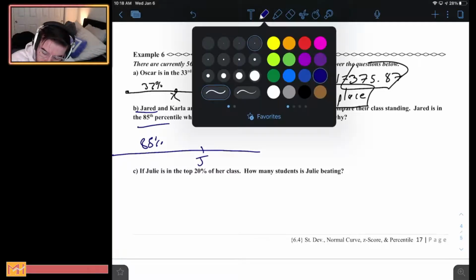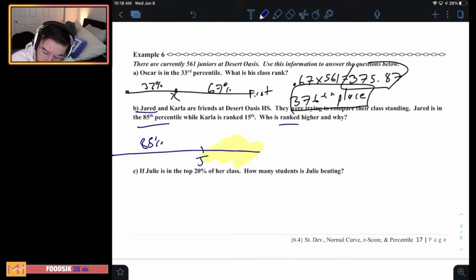What percent of students are ahead of him? Well, the answer is 15%. If Jared has 15% of the population ahead of him, while Carla is simply ranked 15th, who's in a better position? Guess what? It's going to be Carla, because 15% of 561 is approximately 84 kids, right?